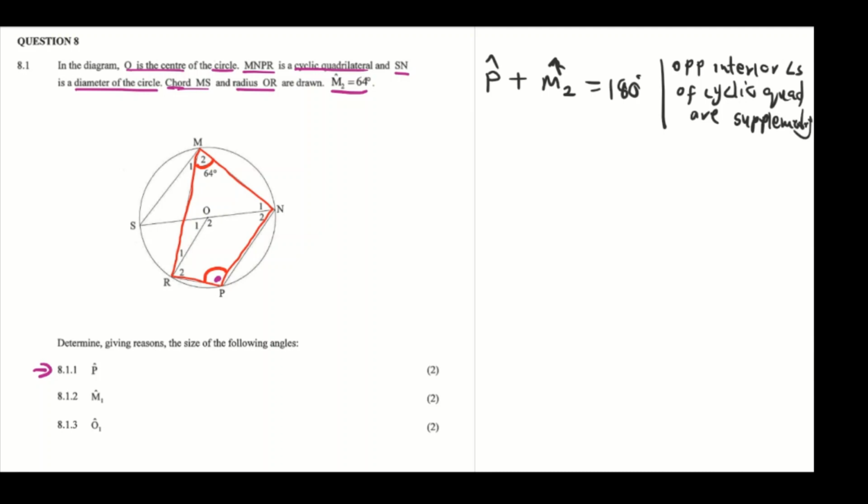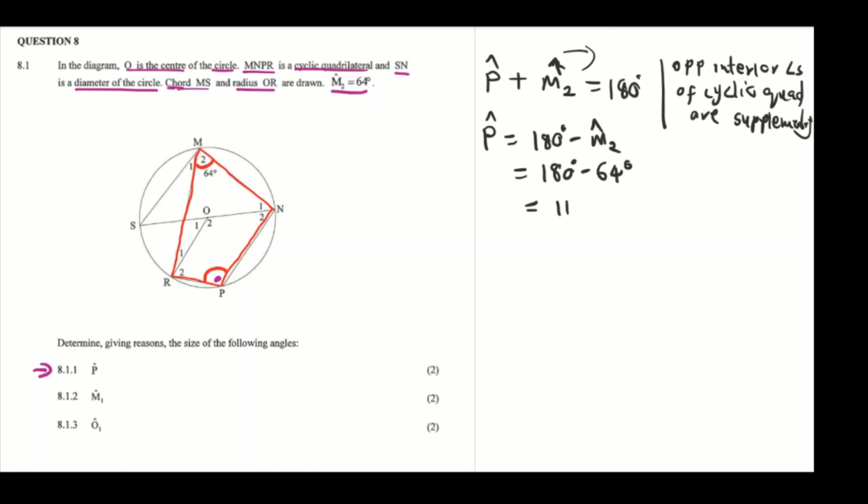So they add up to 180 degrees. So to find angle P, we're going to transpose M2 to the other side. So we have angle P is equal to 180 degrees minus angle M2. So what is angle M2? It is 64 degrees. So 180 degrees minus 64 degrees. Please punch through your calculator.